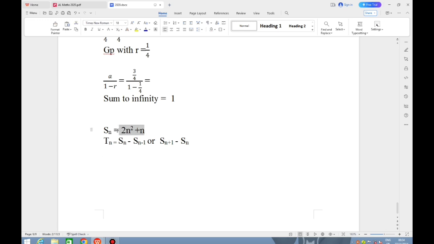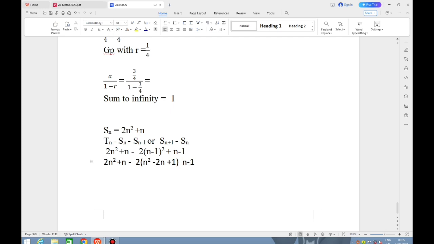So Sn is simply 2n squared plus n, and S(n minus 1) is simply, we're going to substitute n minus 1 where you see n, so that's 2 times (n minus 1) squared plus n minus 1. (n minus 1) squared is n squared minus 2n plus 1, so that's 2 times (n squared minus 2n plus 1) plus (n minus 1).